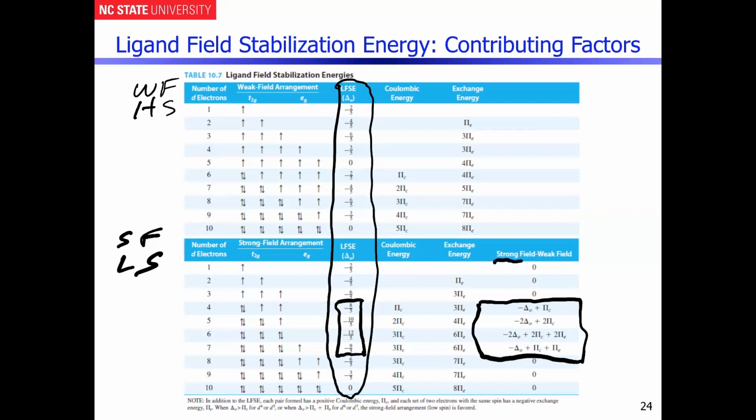So really, as shown here, the strong field minus the weak field, you'll see that the gains you get in making effectively a strong field or low spin complex, the major differences occur from the D4 configuration to the D7 configuration, and they're really illustrated there.